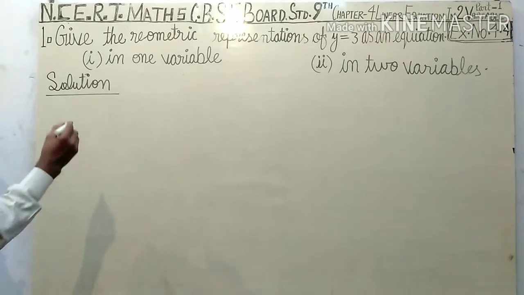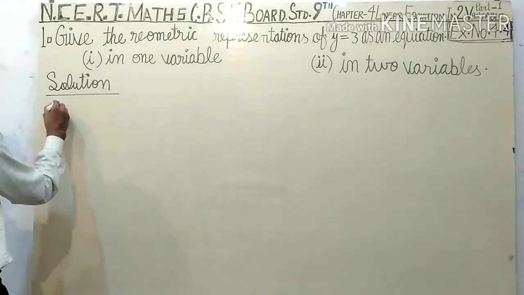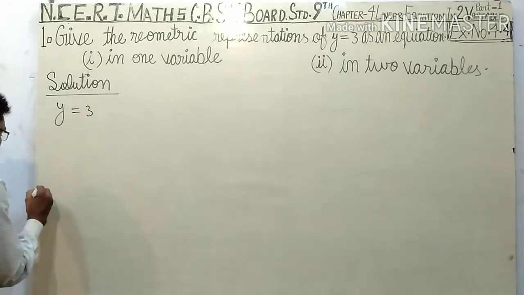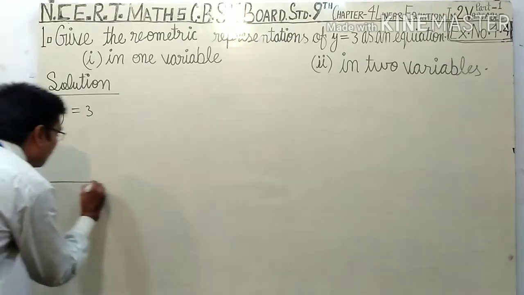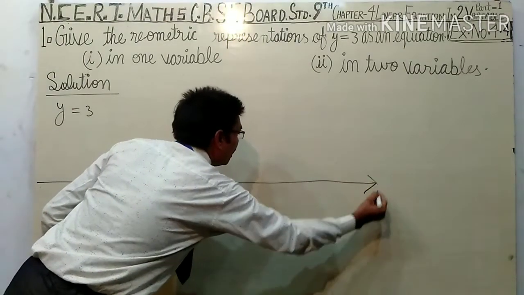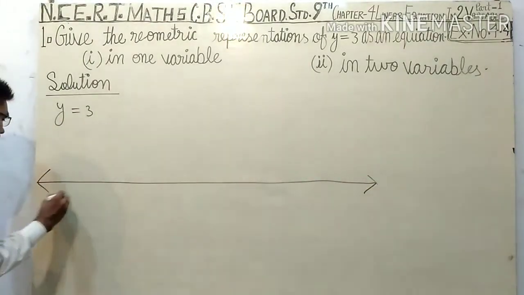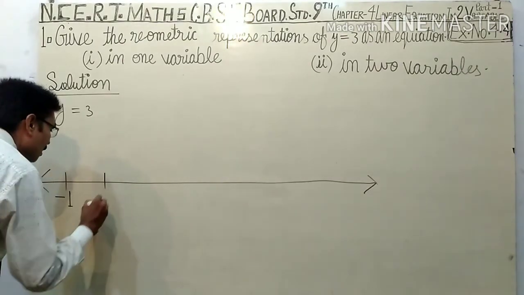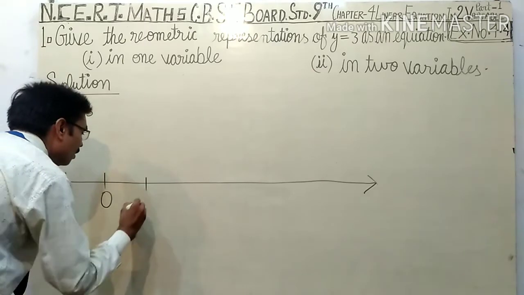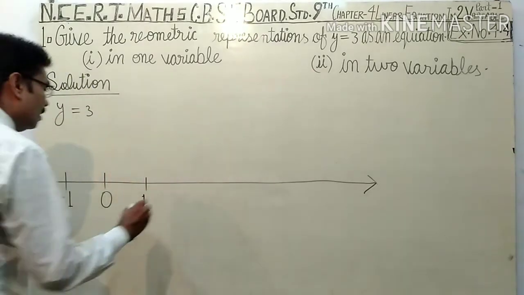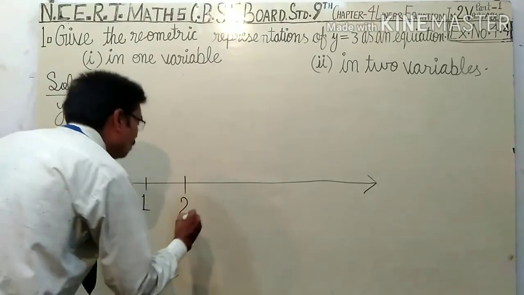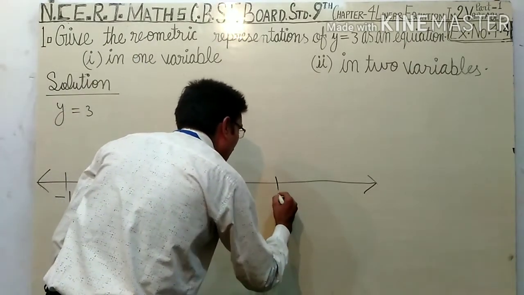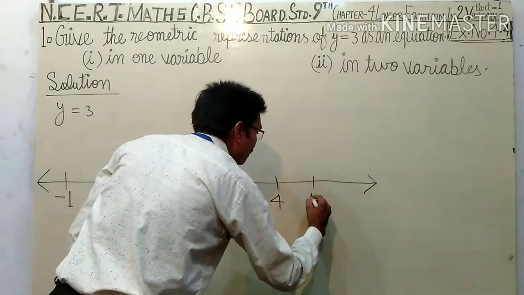Now given equation y equal 3. For this, draw a number line and take -1, 0, 1, 2, 3, 4 and 5.